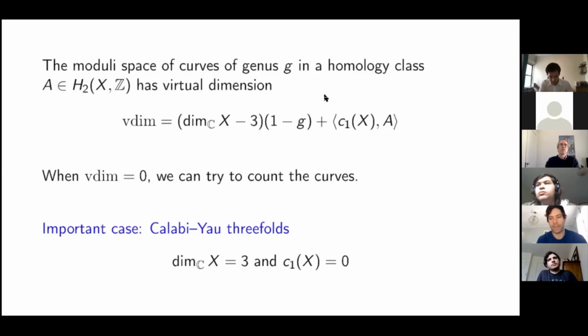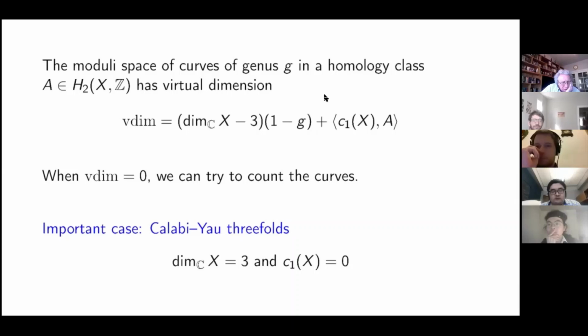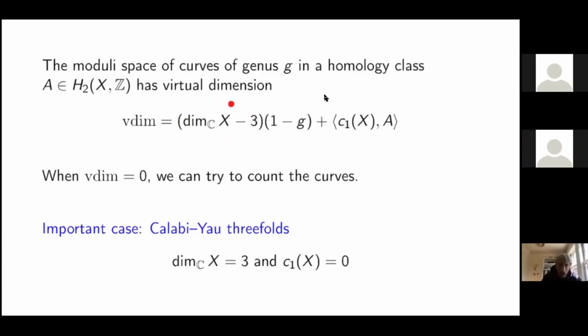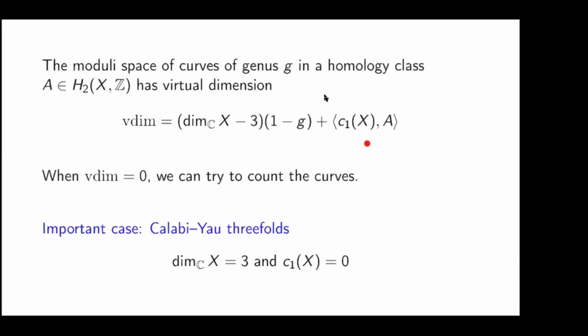What is important in this formula is that something very interesting happens when the dimension of X is 3 and the first Chern class of X is 0: then no matter what genus or homology class you choose, the virtual dimension is 0. This is the case of Calabi-Yau threefolds. This is very nice because all moduli spaces have virtual dimension 0.